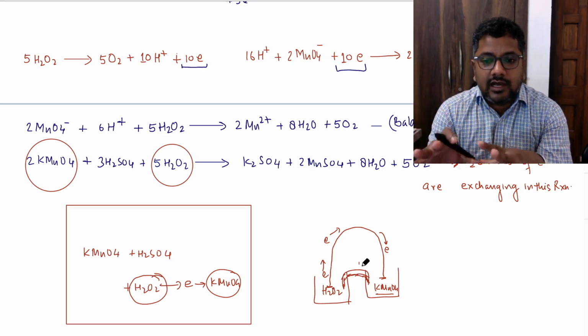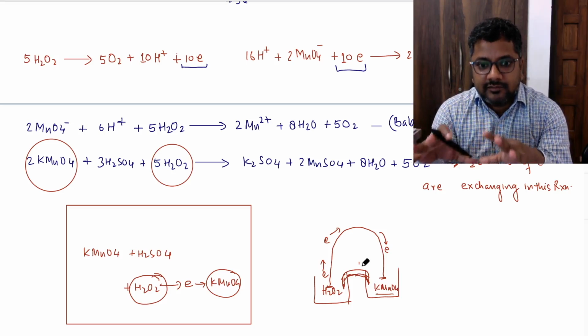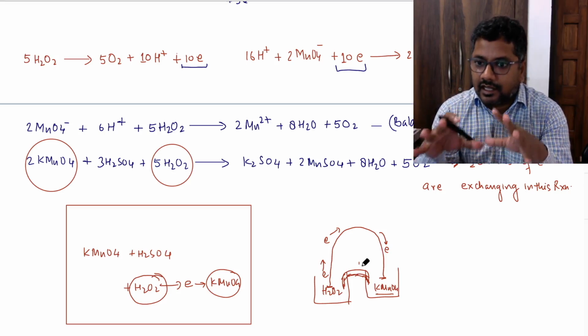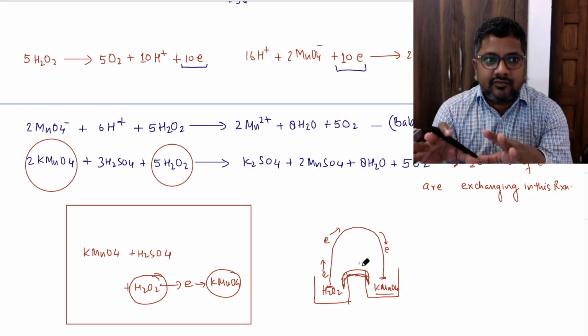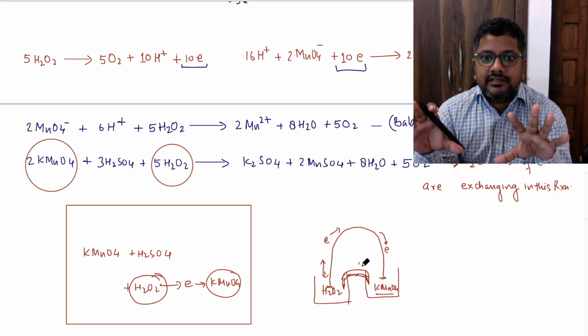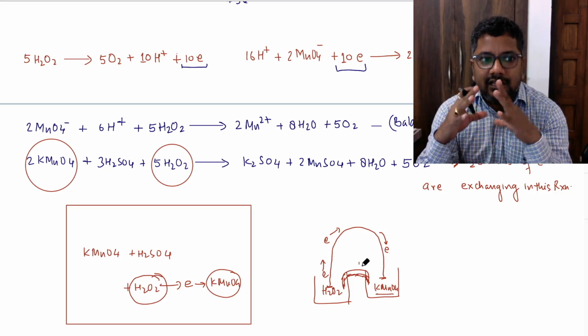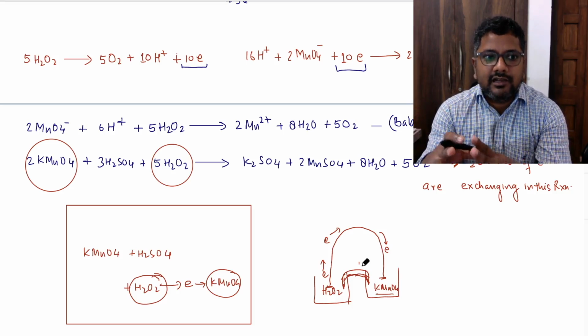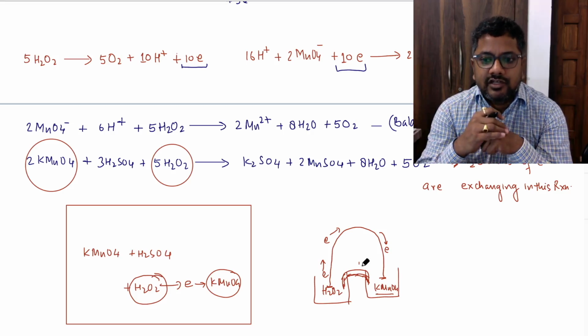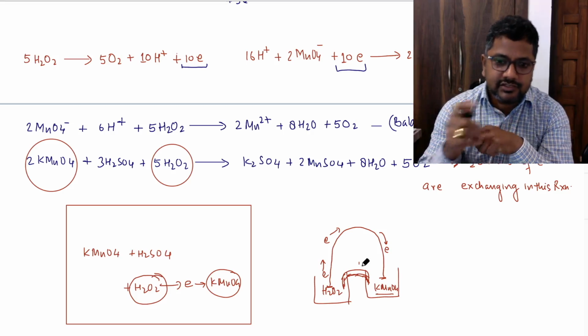What is the role of chemistry here? The role of chemistry here is this. And already I have told you that except one reaction, all the reactions are redox reactions. It means you can exploit any complete chemical reaction for the generation of electricity, right?